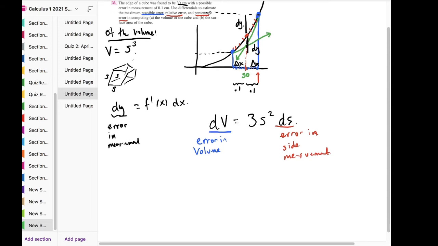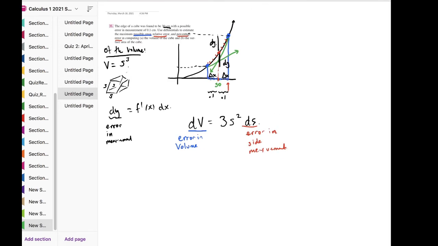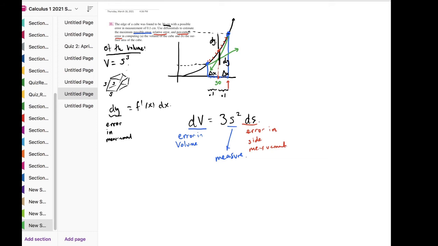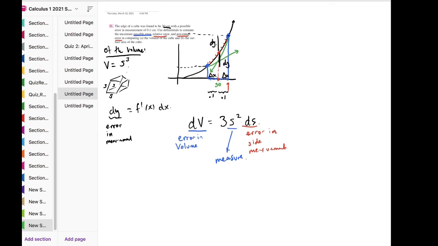And this is the measurement. What do we measure the side to be? So it's 3 times 30 squared.